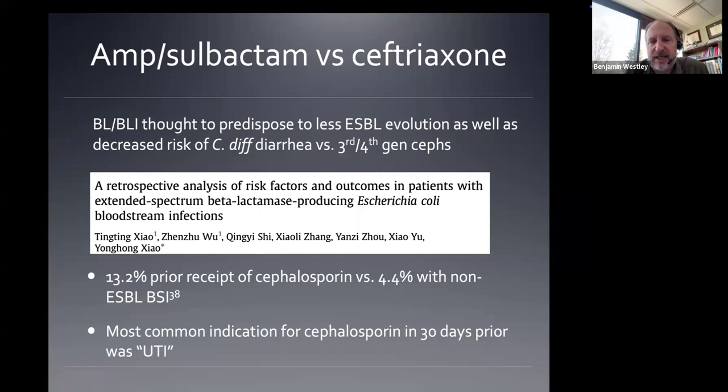And usually the indication for the cephalosporin was actually, quote unquote, UTI in the hospital, and then subsequently they had an ESBL infection. And so we're trying to avoid ESBL problems in our hospitals by using more ampicillin-sulbactam rather than ceftriaxone.